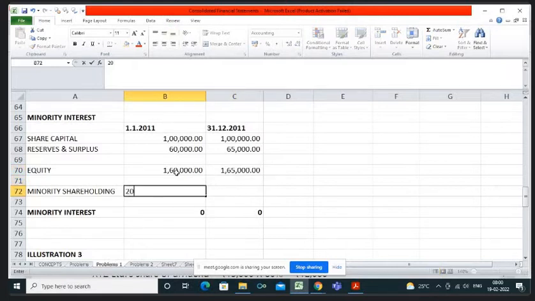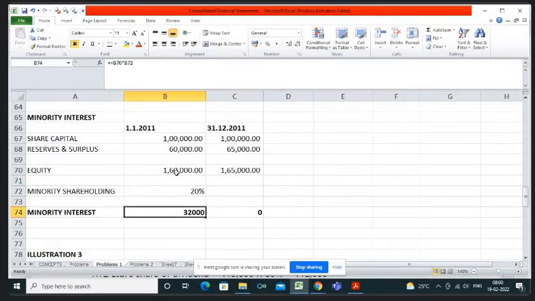How much is the minority shareholding? Minority shareholding is 20%. So what is the minority interest? We multiply the value of equity with the minority shareholding of 20%, and we get the minority interest, which is 32,000.